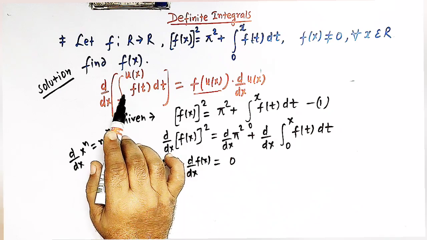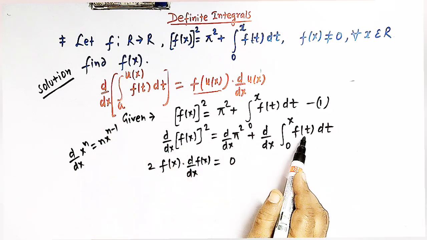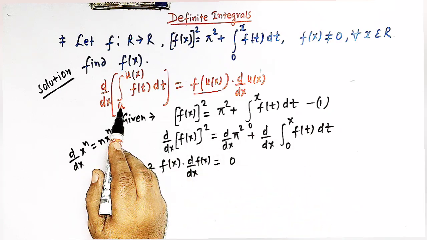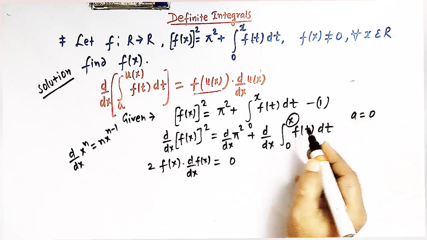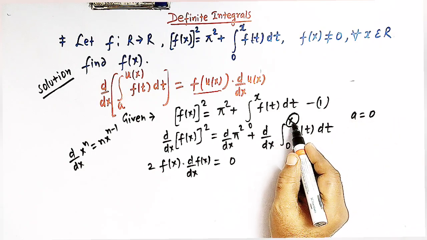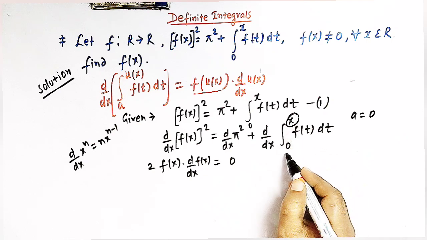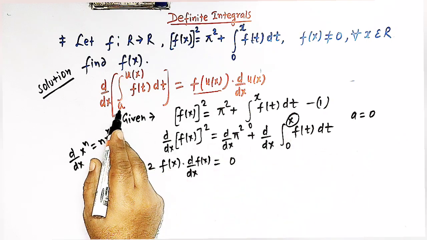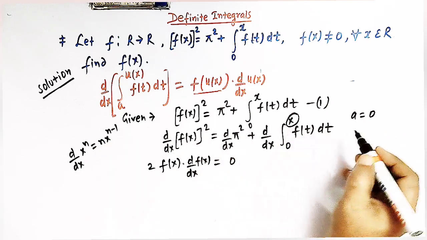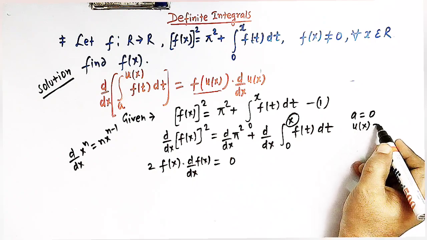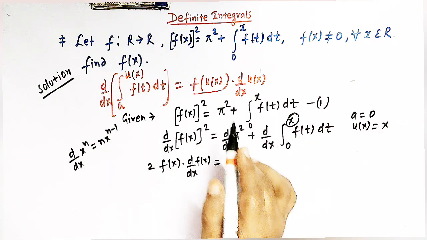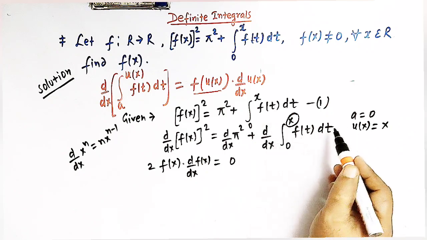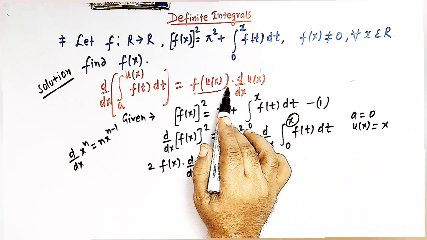So we'll compare this integral with this one. So the value of a is 0, and here we have the upper limit as a function of x, and the lower limit is a constant, so a is 0, and u of x is given by simply x, right? So we'll differentiate this integral with the help of this rule.